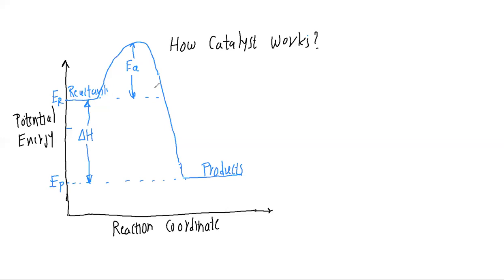We can think of it like a speed breaker. We want to go from reactants to the product, but in between there is a speed breaker. We need to overcome that speed breaker, and then we can go to the products. Now, this part is without catalyst.